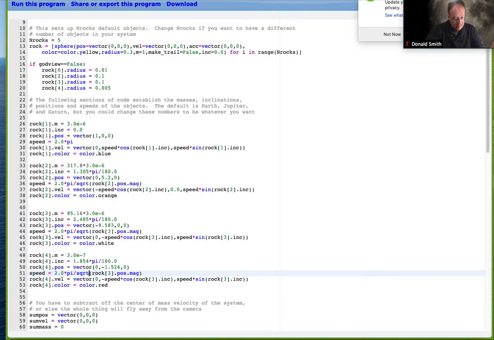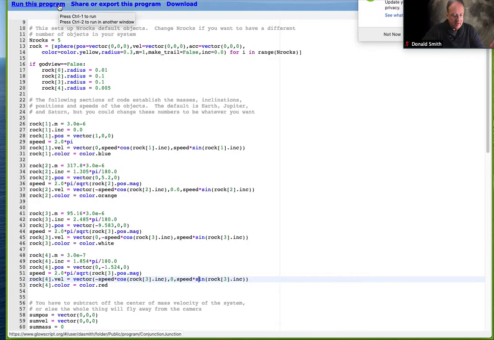And then the speed and the velocity, I want to put that, let's see, it's going to be going this way, and then yeah, that ought to do it. So if I run this program, it should give me the 5 objects.